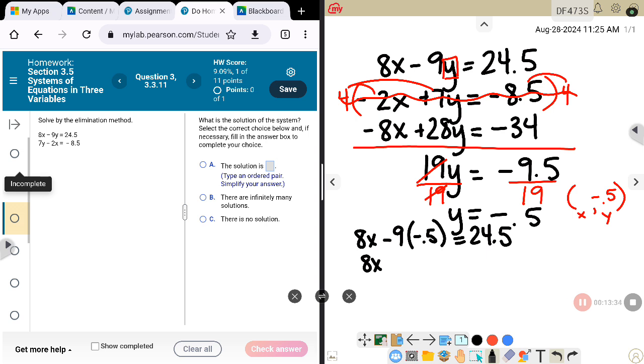So let's see, I'm going to have 8x, and I've got negative 9 times negative 0.5, which gives me positive 4.5 equals 24.5. So solving for x, right? X is what I'm missing. So I'm going to subtract the 4.5.